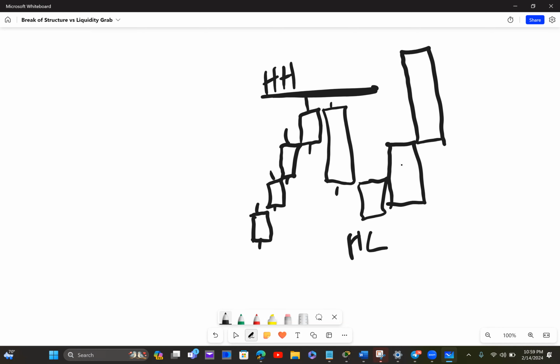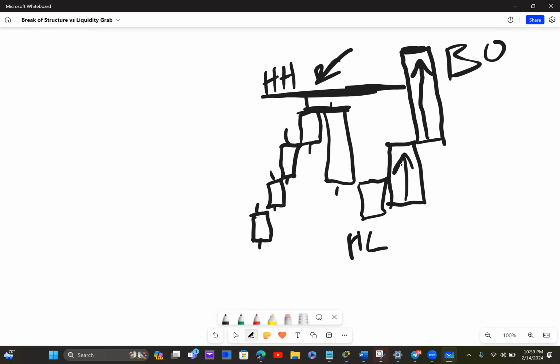Now, you can use the wick or you could use the body of the candle, either one. I like to use the wicks. So when you see, make sure these are up candles, when you see this candle break and close above this structure right here, that is considered a break of structure, or a BOS, as we like to call it.